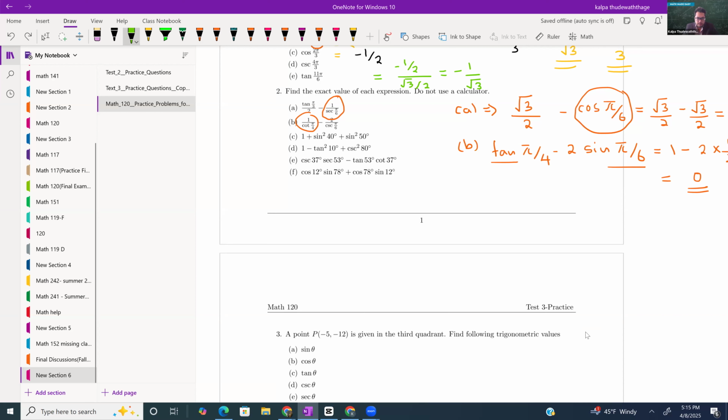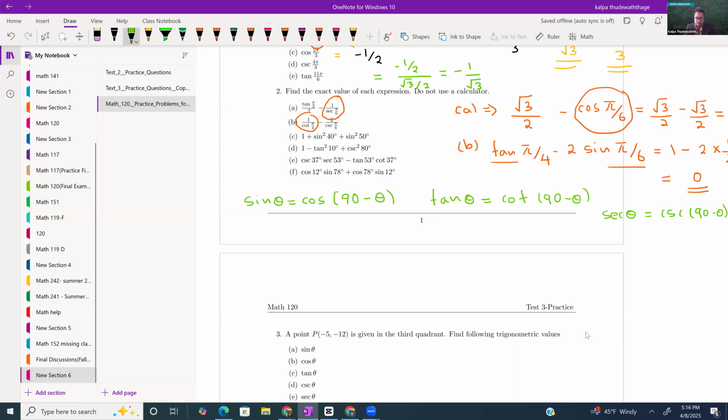Cofunction means, for example, sine and cosine, we call cofunctions, which means sine theta is equal to cosine of 90 minus theta. Tan theta is equal to cotangent of 90 minus theta. And the other pair of cofunctions, secant theta is equal to cosecant of 90 minus theta.